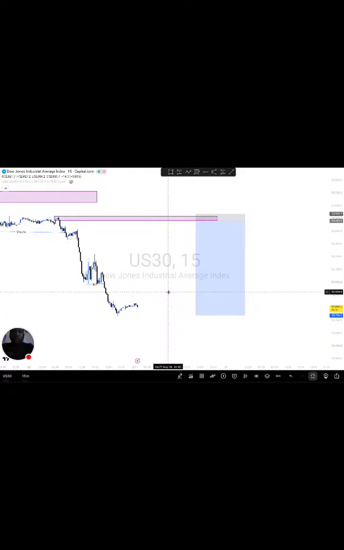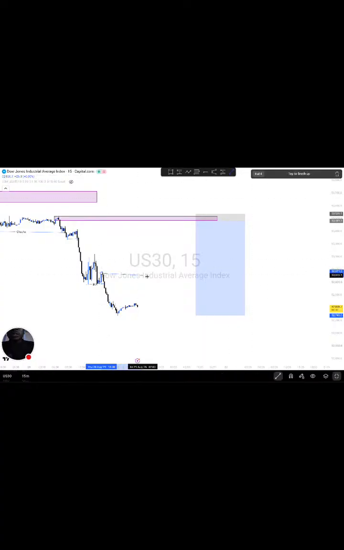Now, what I can do is whenever I see the market break around this area to the upside, that will lead to a changing of character to the upside.